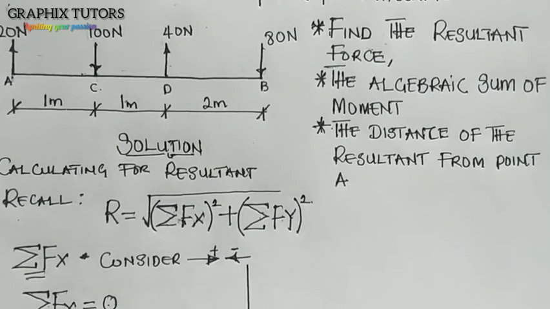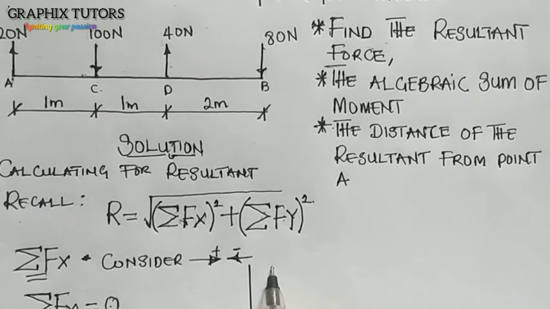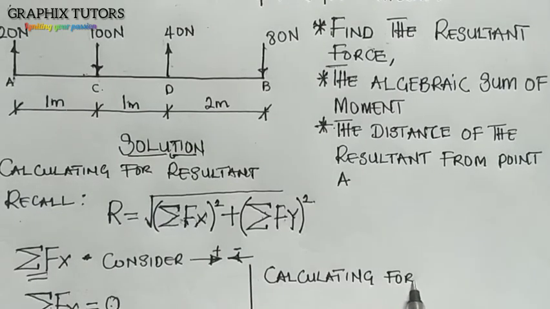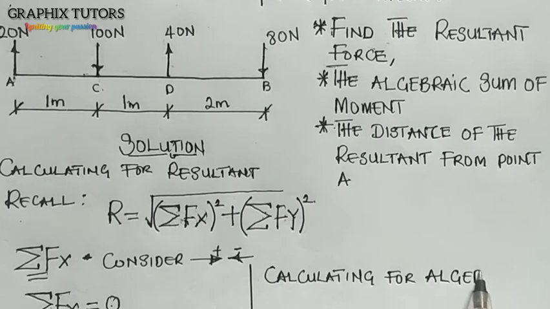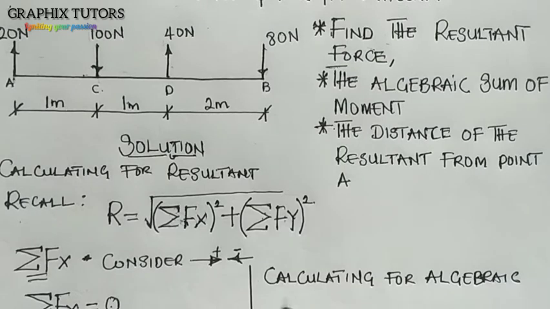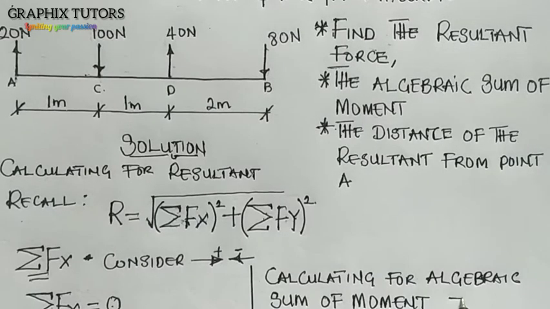Now the next one will be for moment, so I'll write calculating for algebraic sum of moment. What it means is this symbol, we want to look for this of moment. That's the symbol for it.